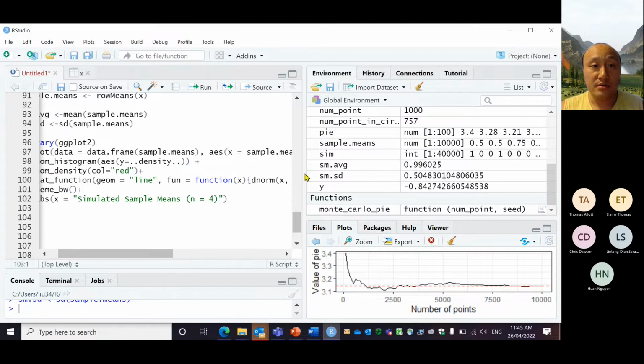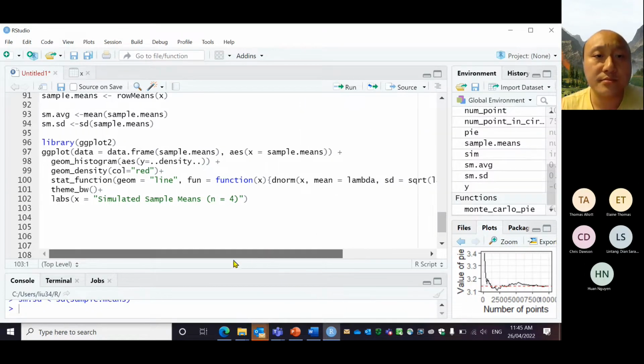So we're going to plot the data, sample means, in the data frame. Because we are plotting a histogram, the x is the variable sample.means. And then we have a histogram of density and the density plot.